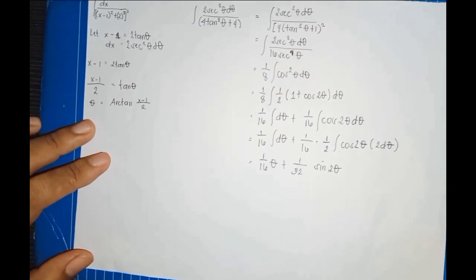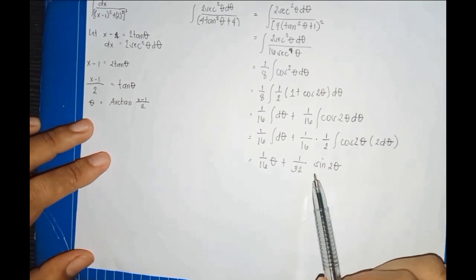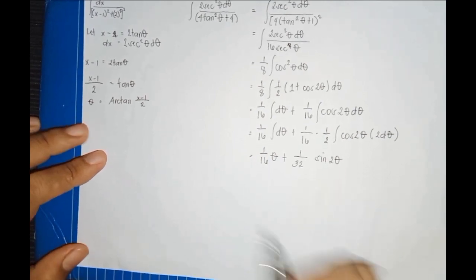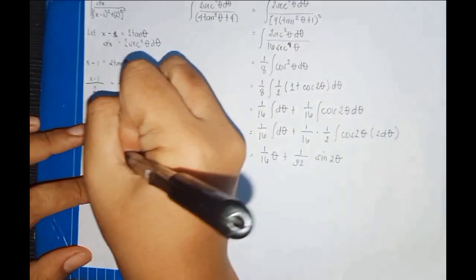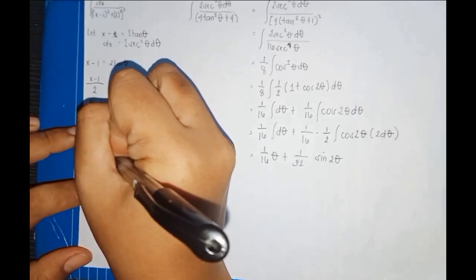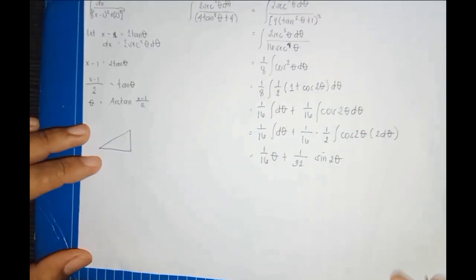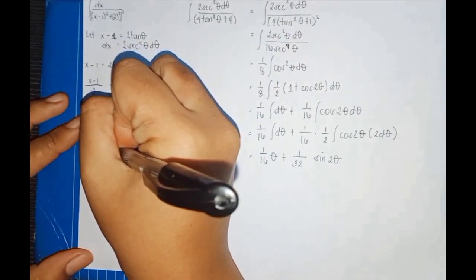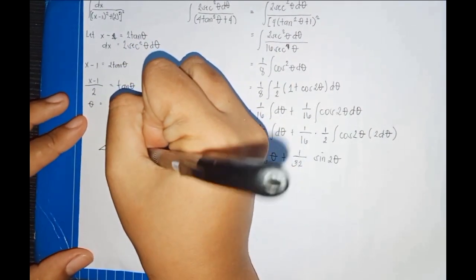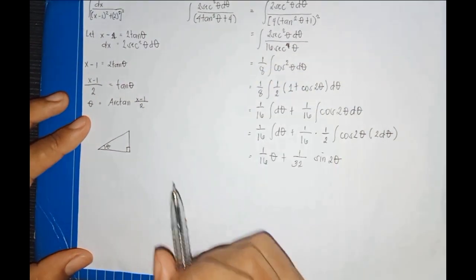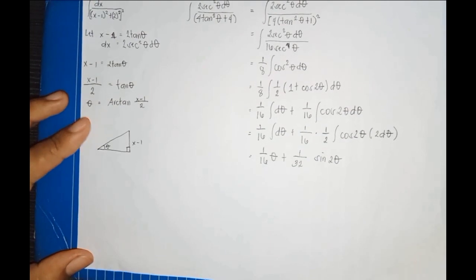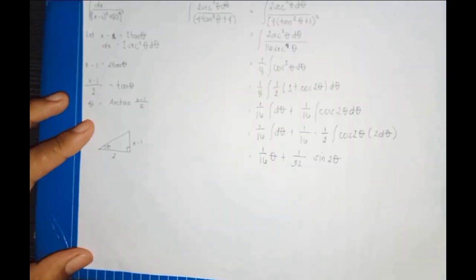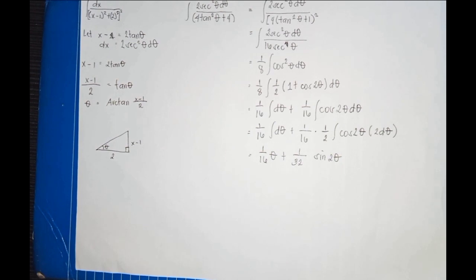Okay, so let's first solve what is the value of sin 2 theta. So first we need to draw this one. So this will be our theta, the angle here, and the opposite side will be x minus 1, and this will be 2.